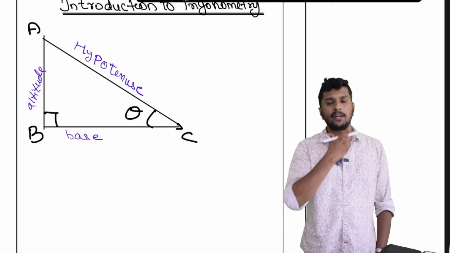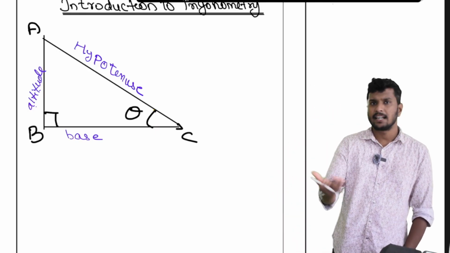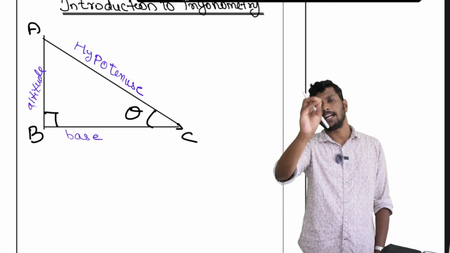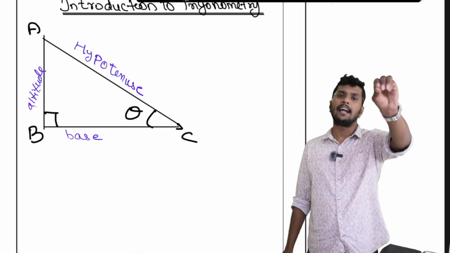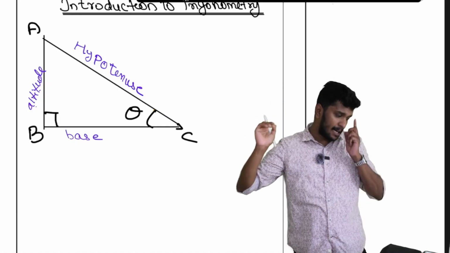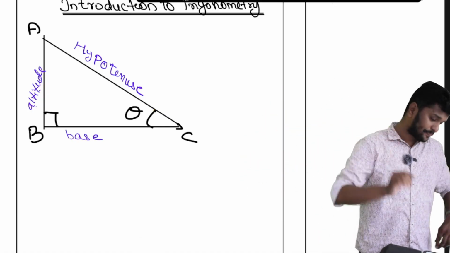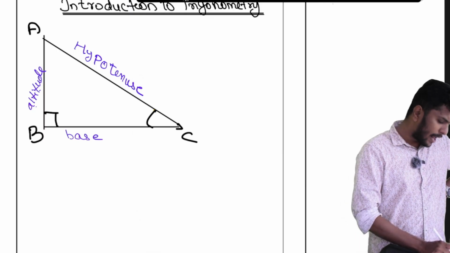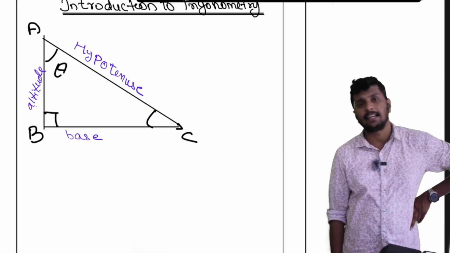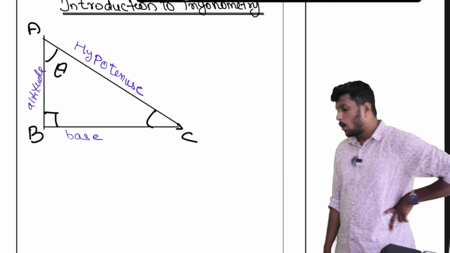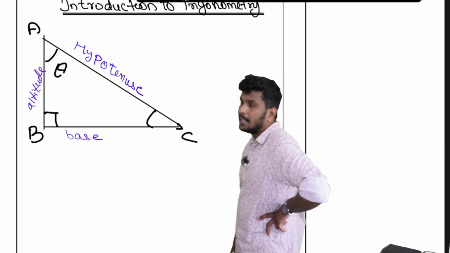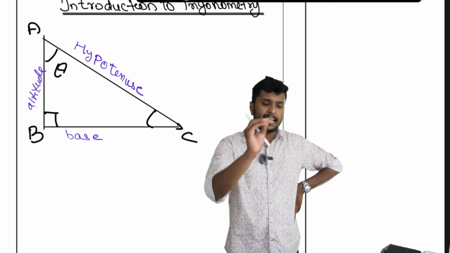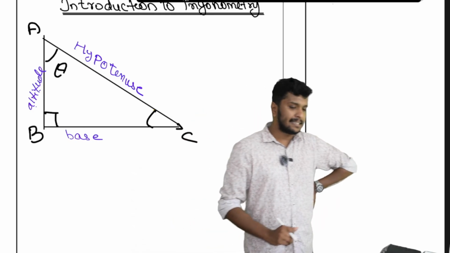Like in polynomials you learned alpha, beta, gamma, here we learn theta as one of the angles you take for acute angles, either angle A or angle C. It's up to me, or sometimes it is mentioned in the question. We can take angle A or angle C as theta.